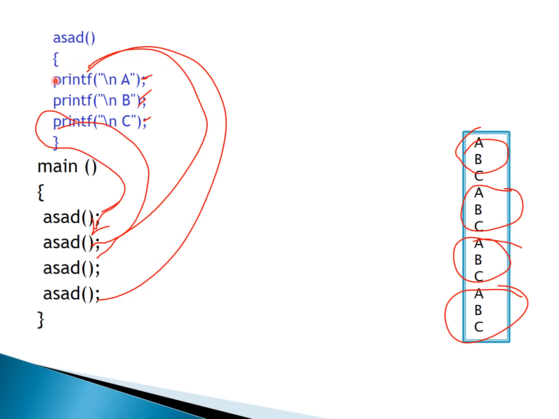It will execute this statement, then this statement, then third one, and after execution of the third, the function ends here. So the control will come back here. And again here, it's the end of the program or end of the main function. So that's the end of the program. So that's the output of the program.